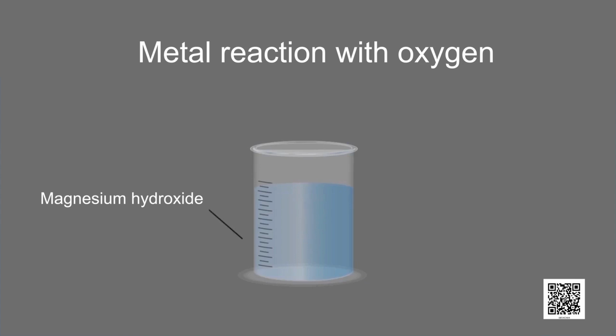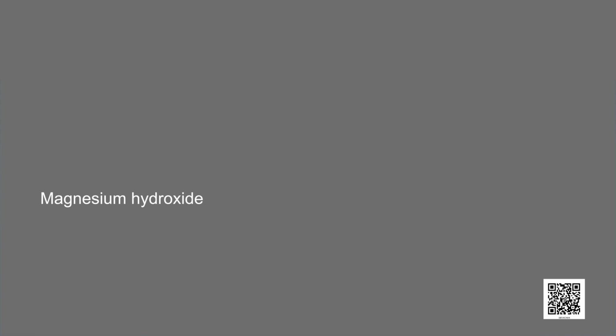To check the property of magnesium hydroxide, whether it is acidic or basic, we can test it with the help of litmus paper. You will observe that red litmus paper will turn into blue.